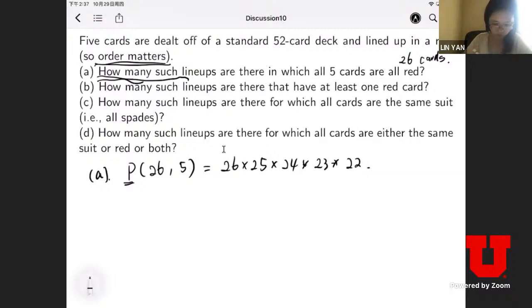Okay, now let's go to problem B, at least one red card.